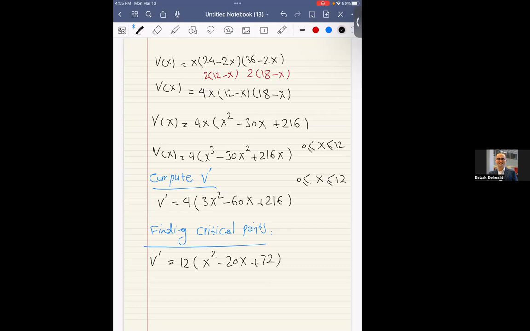Now, can you find the points at which V prime is 0? That means x squared minus 20x plus 72 must be 0. So you have to solve for x. It's a quadratic equation. Can you do this?